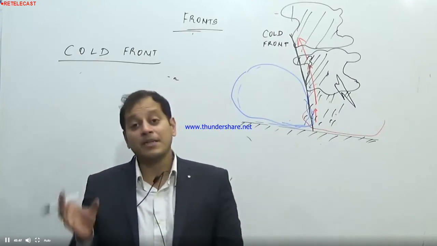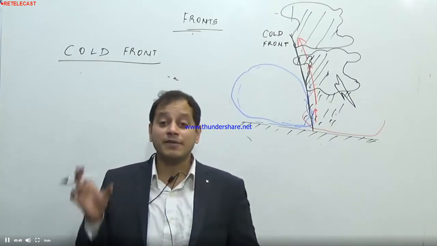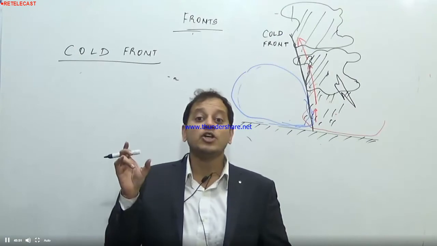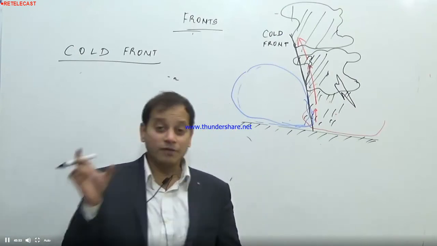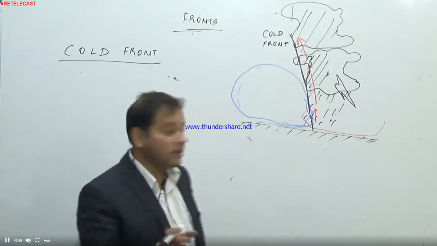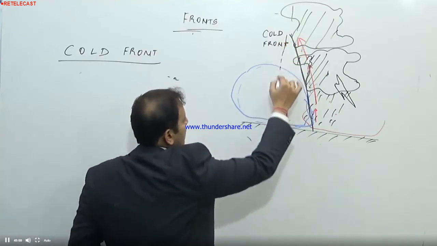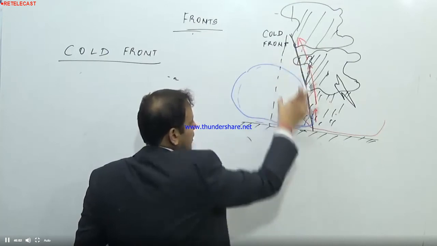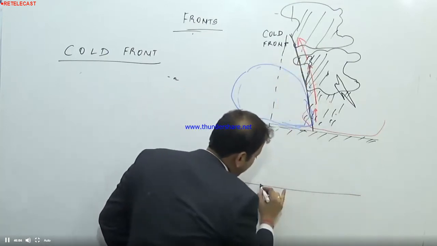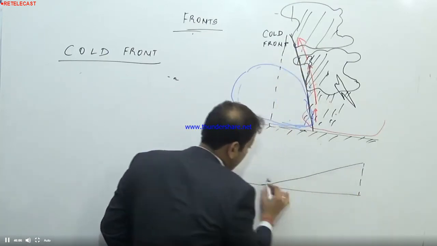But you remember, the cumulonimbus clouds are associated with heavy rainfall but of a shorter duration, and it does not cover a large area, because you see the slope here is not covering a much larger area, it is covering only a smaller area. On the other hand, the warm front slope was covering a much larger area.